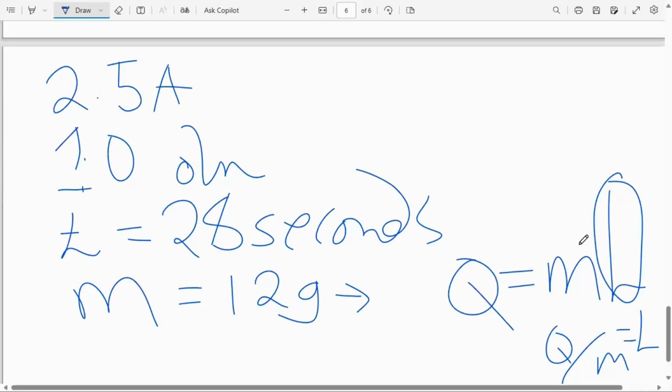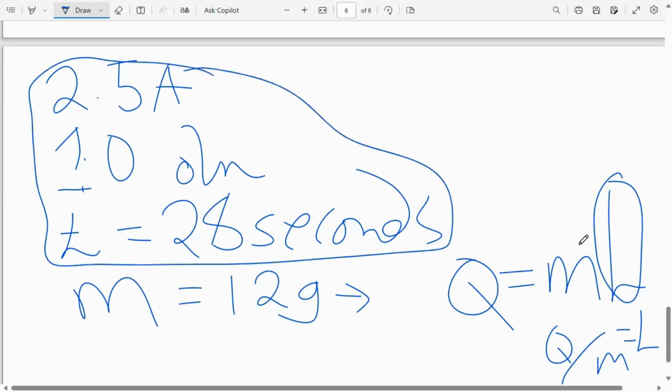But which formula can we use in order to find Q? Since we've been given the current, the resistance, and the time, we use the formula that says power generated is equal to I squared, which is current squared, multiplied by R, where R is the rating of your resistor.